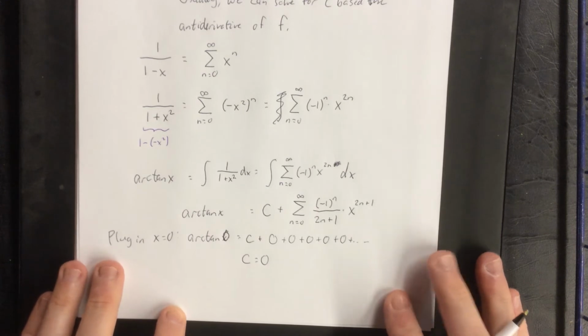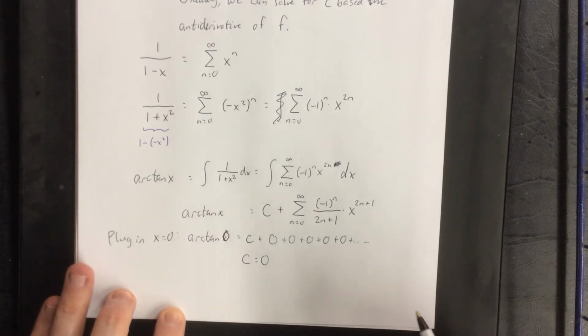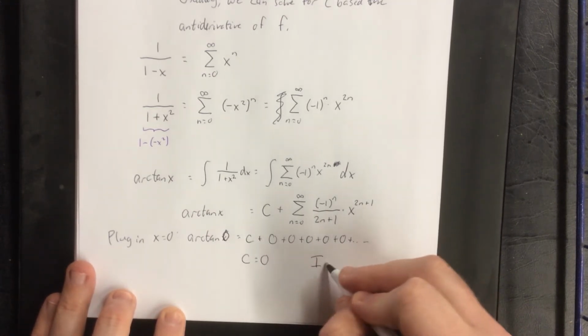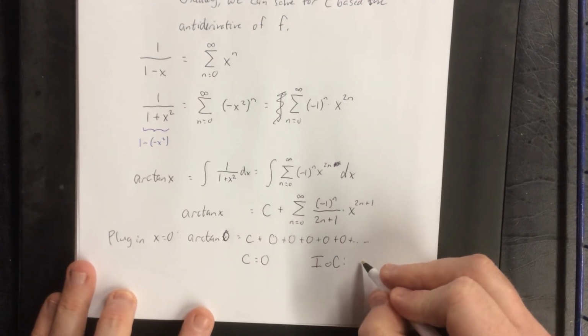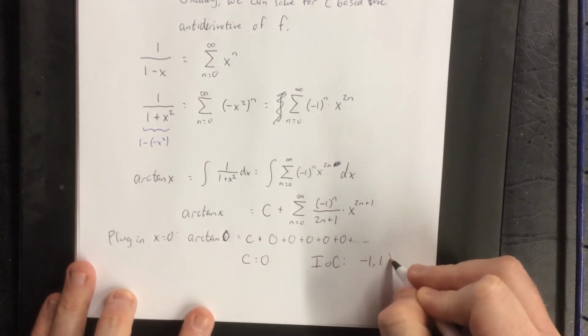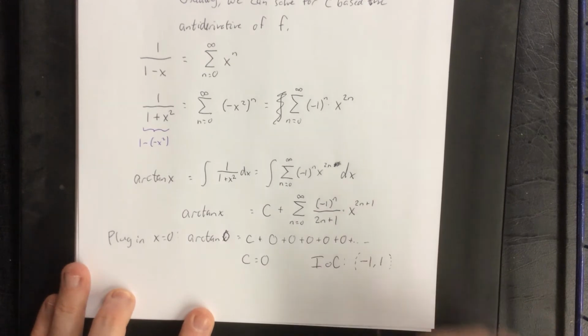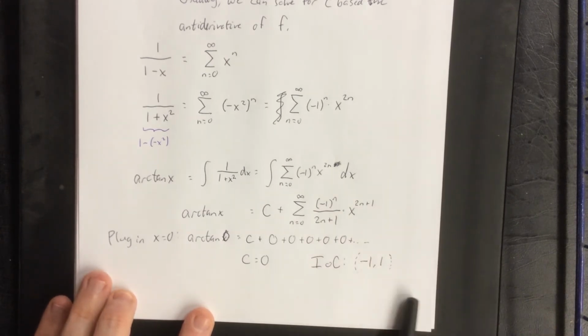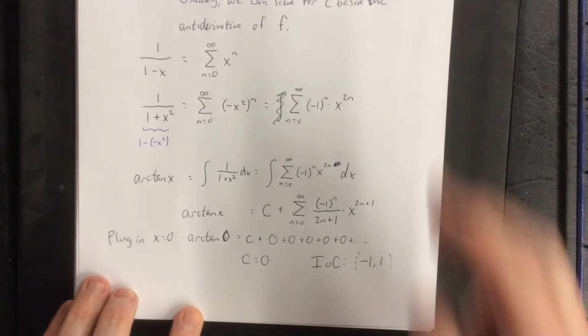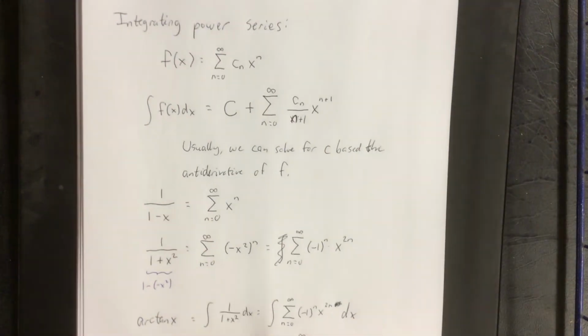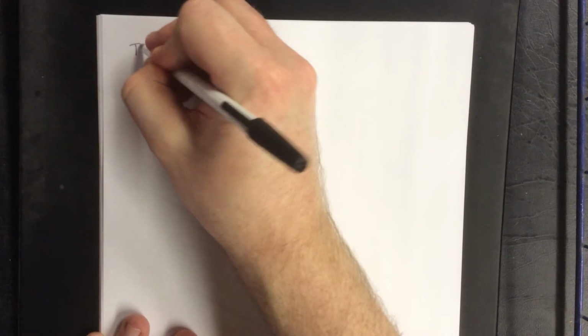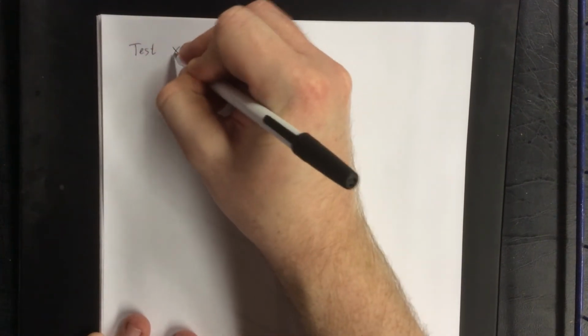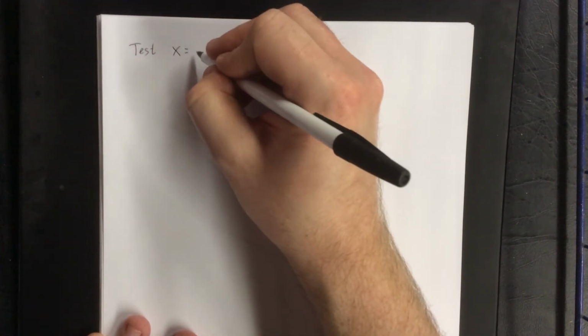Now with that in mind, let's identify what happens to the interval of convergence. Like derivatives, the interval of convergence is going to start the same as it was before, but then we need to test the endpoints as well. So let's start with x equals negative 1.